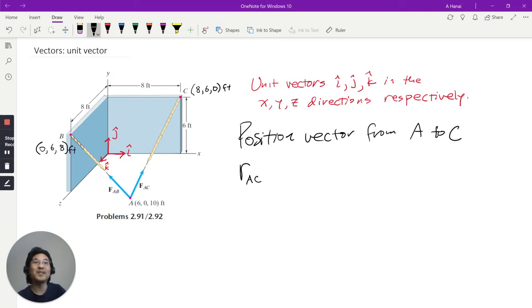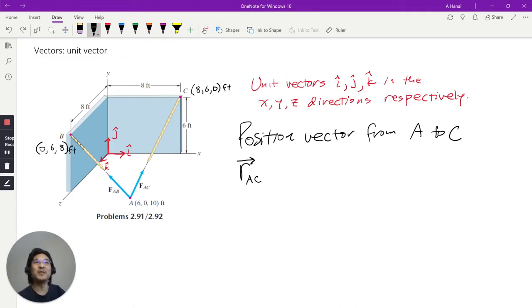To denote that it's a vector, in the book you'll see it in bold, but how do you write that? The common notation is to put an arrow over it. So now we know it's a vector. A unit vector indicates direction, but the magnitude is just 1, that's why it's called unit.